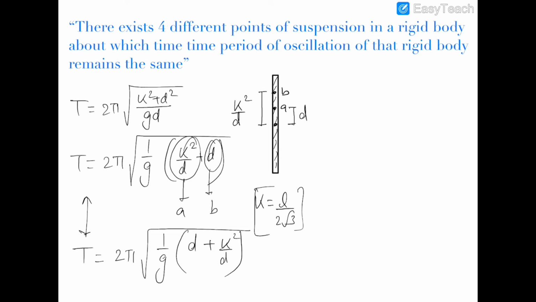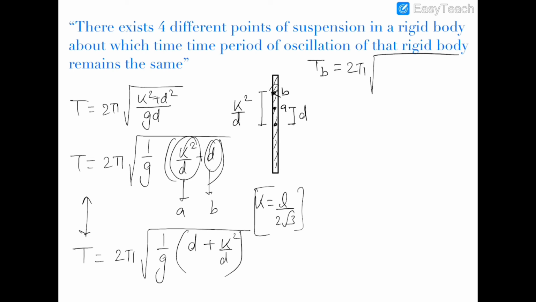So we can see that for hinging this rod about this point, about B, the time period would be equal to 2 pi under root of I by mgd.